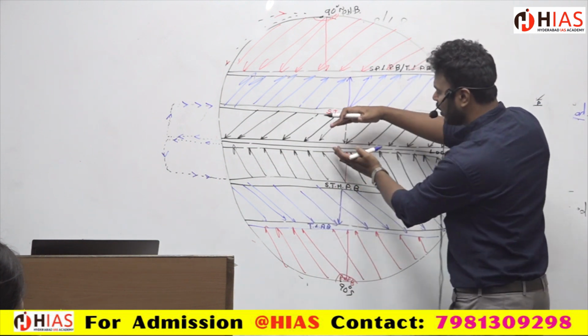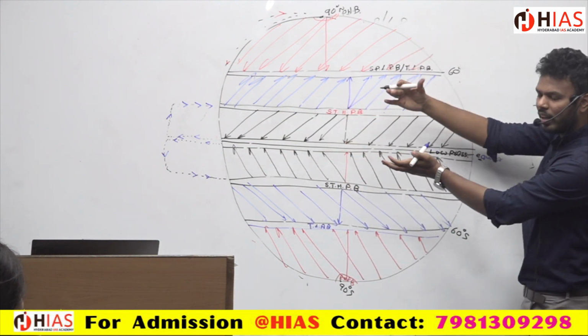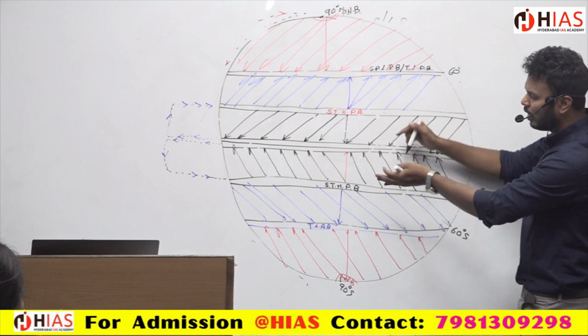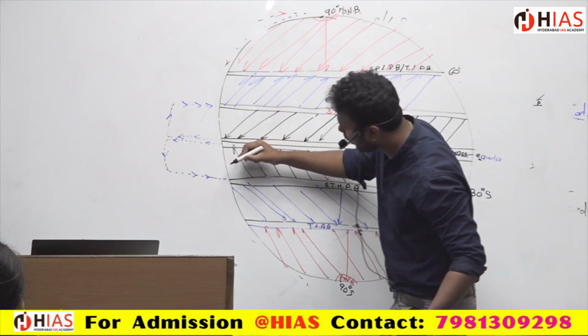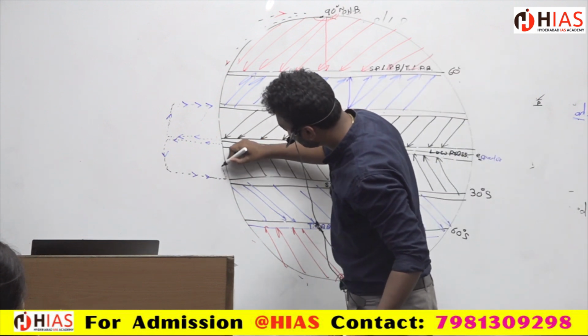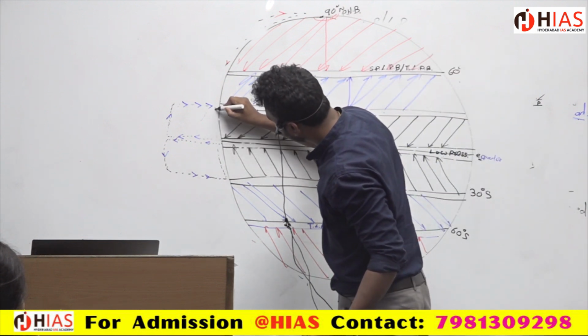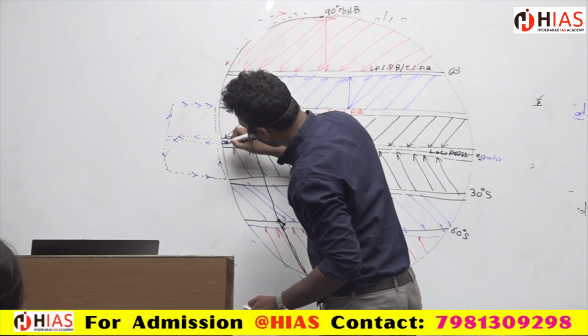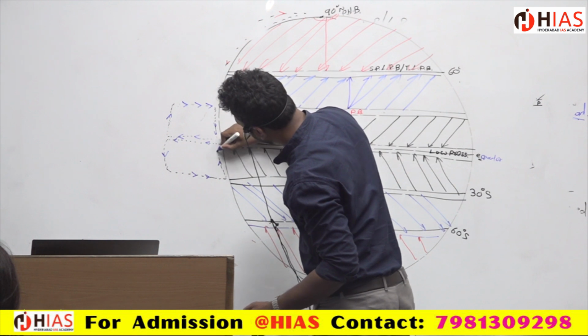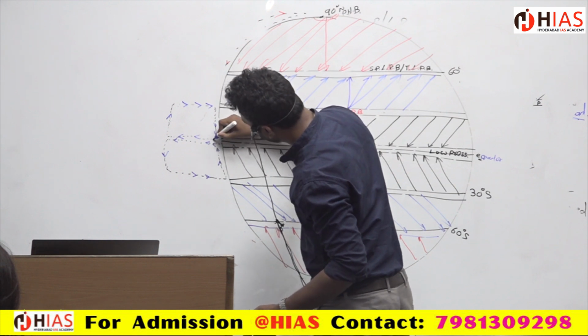So here also, this is the equator. Above the equator and below the equator, as it is more temperature, all the hot air from all the places is coming down in this manner. They are uniting, they are coming here, and they are rising from here.